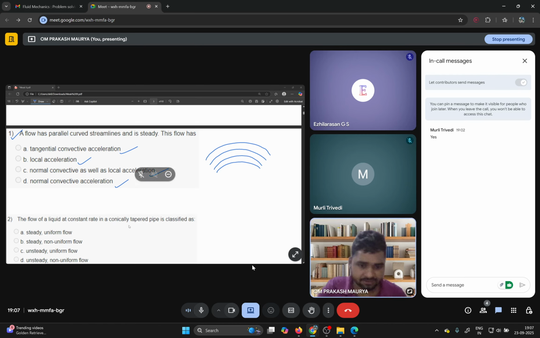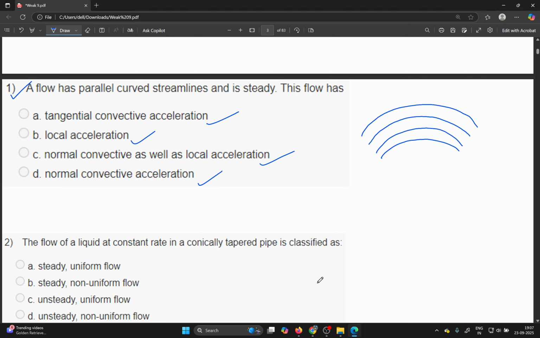As we discussed in detail in the previous week, here only a normal convective acceleration will exist if you have such a curved streamline which is equidistant. So the second question is related to your stream function. Remember please.